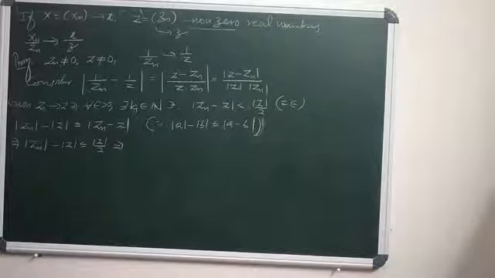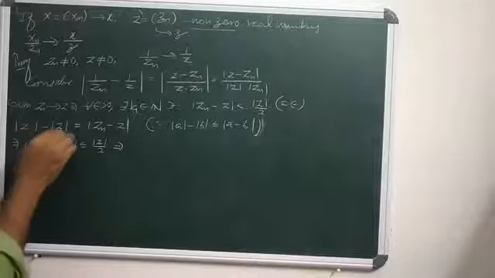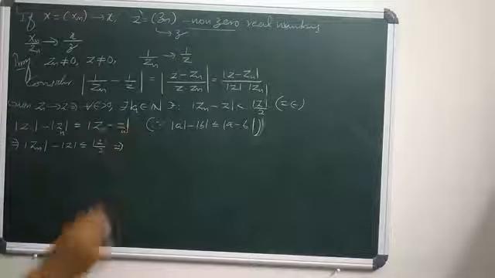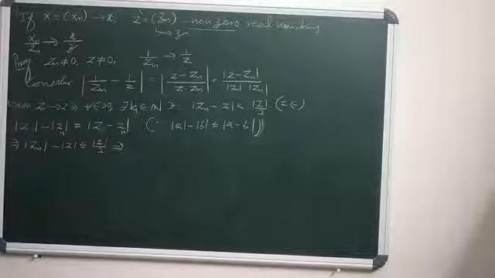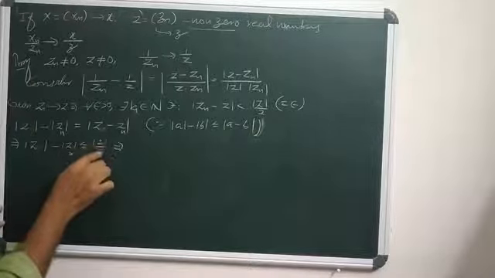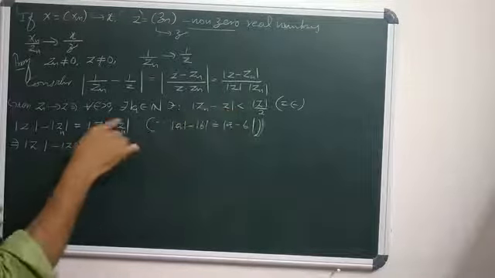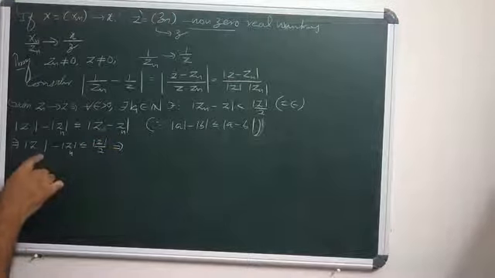Similarly, mod z minus mod zn is less than or equal to modulus of z minus zn, which is less than mod z by 2.